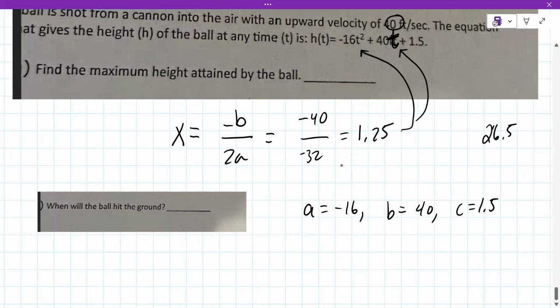And so then that's -40 plus or minus square root of 1600 minus 4 times -16 times 1.5.